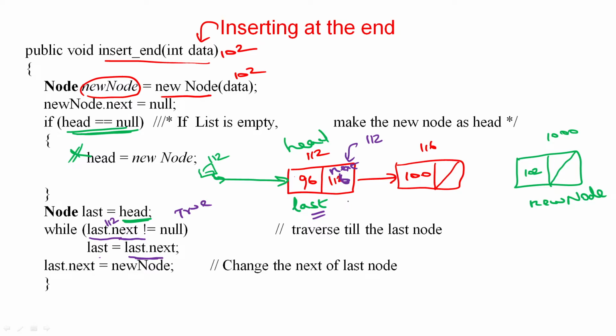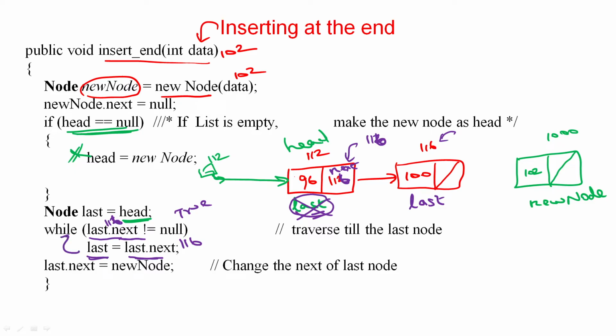So 116 will become the current last. This will be overwritten as 116. Now the current last is the node available at 116.